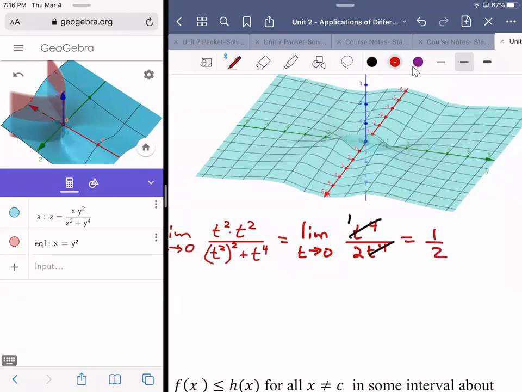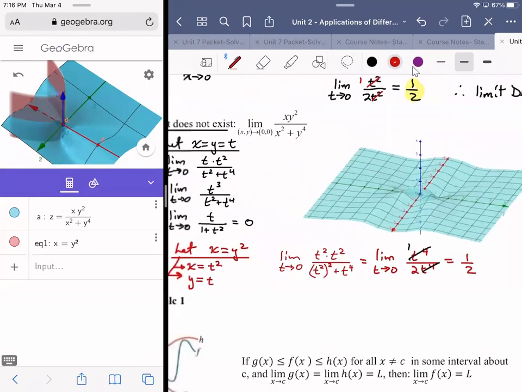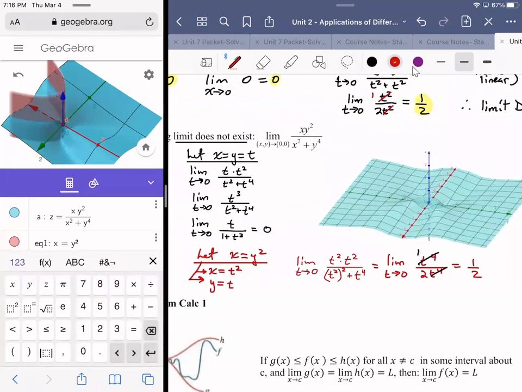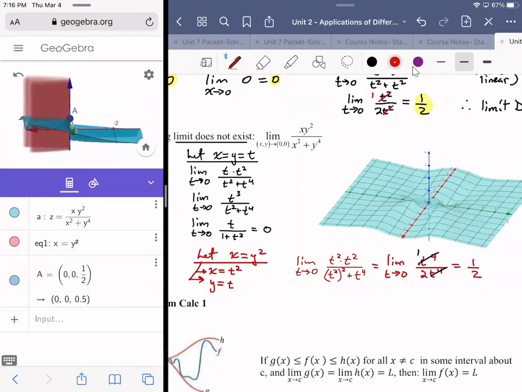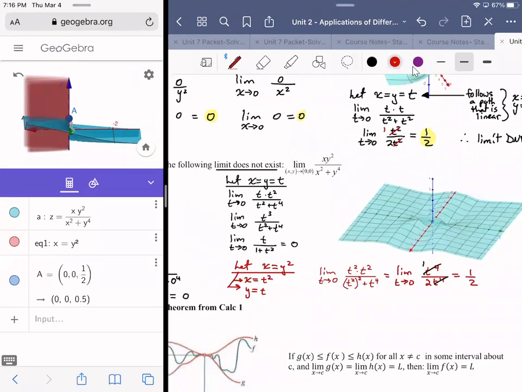So if I follow this pathway where x's and y's are approaching 0s and 0s, this pathway is going to take me to a 1/2. So it's going to take me to a point that's different from the other points that we would have been brought to if we followed the 3 other paths.